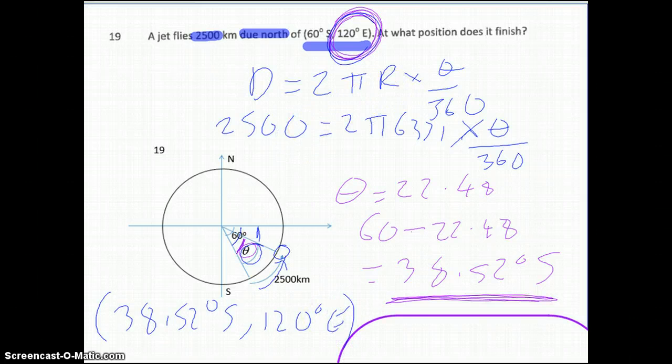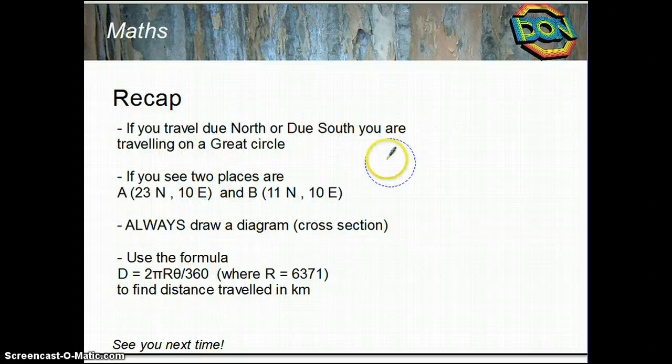Right. Just as a quick recap then, if you travel due north or due south, you are travelling on a great circle, one of those slices straight through the North and South Pole. If you see two places, for example, A 23 degrees north, 10 degrees east, B 11 degrees north, 10 degrees east, you can see straight away that you've got the same longitude here.